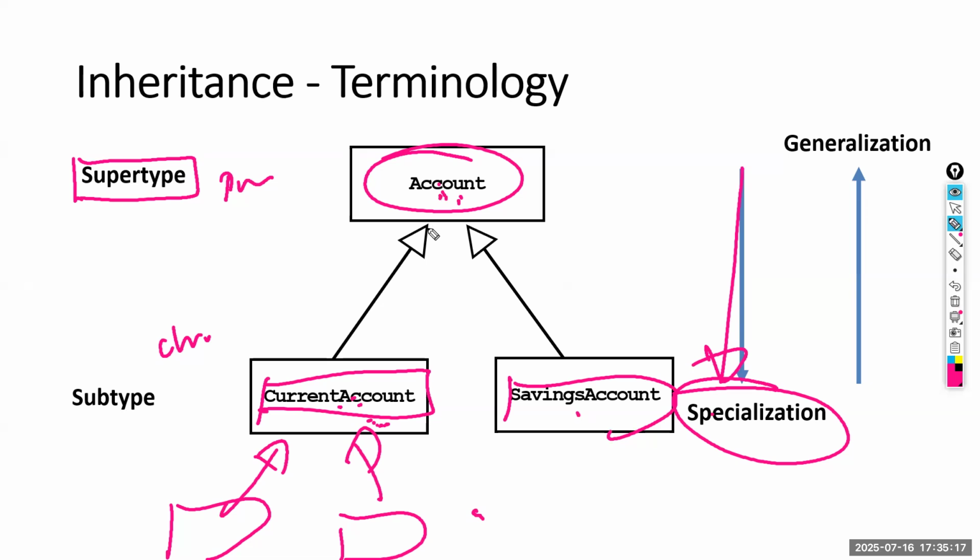Also, you can look at it from biology. A dog is a special case of an animal, and a cat is a special case of an animal. That is not misleading, because a cat is not the child of an animal. So remember, we don't talk about parents and children in programming.